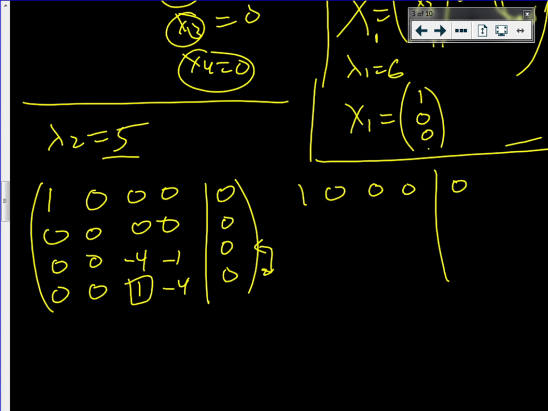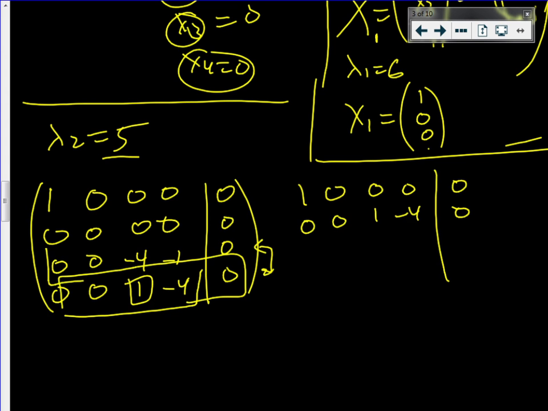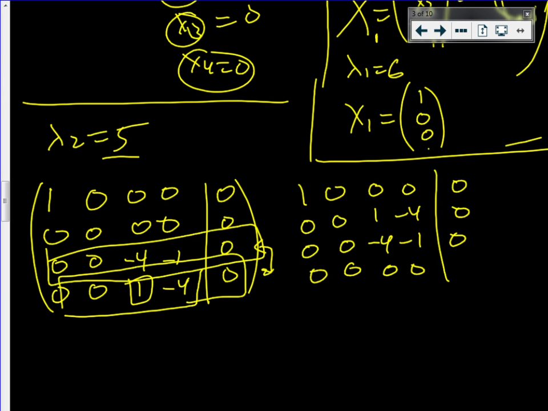The second row I'm going to put on the bottom. So I'm now going to have this row right here, 0, 0, 1, negative 4, 0. I'm going to put this row right below it, 0, 0, negative 4, negative 1, 0. And the row of zeros on the bottom.